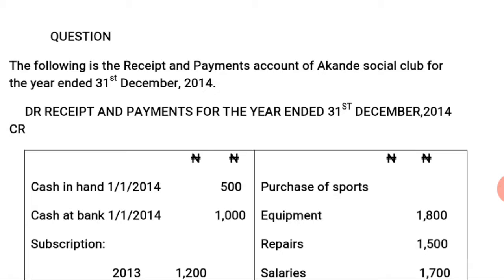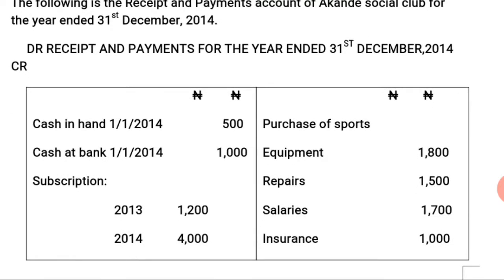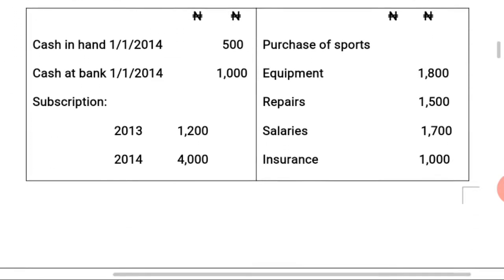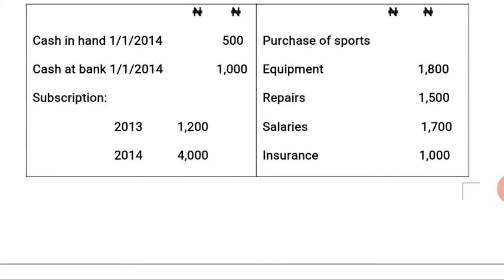We have the receipt and payment account, which has the debit and credit side, and the denomination was naira on both sides. We have cash in hand as at the beginning of 2014, 500 naira. Cash at bank as at the beginning of 2014, 1000 naira. We have subscription, and this subscription is based on the year for which they are meant.